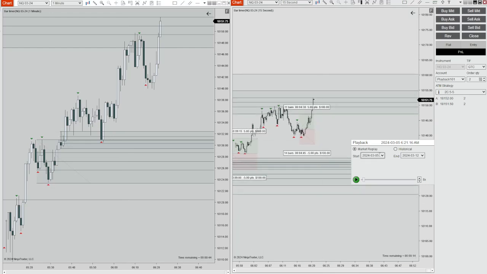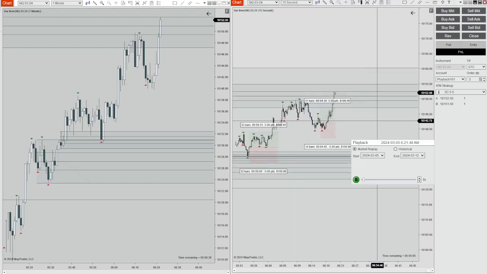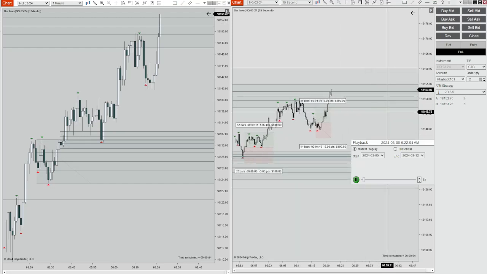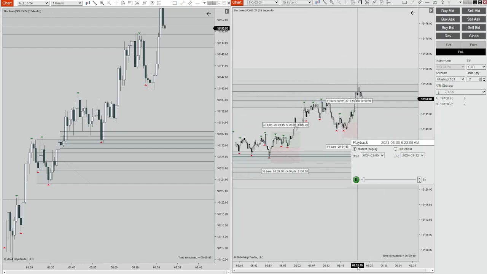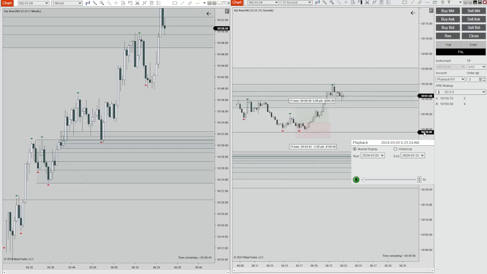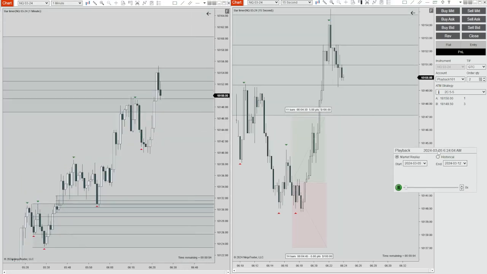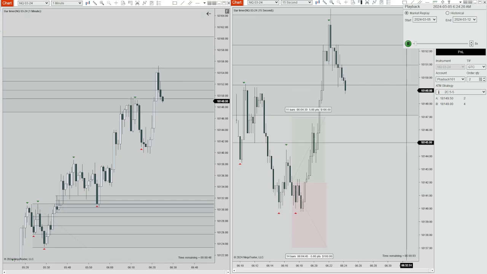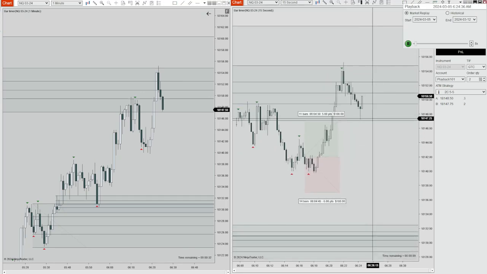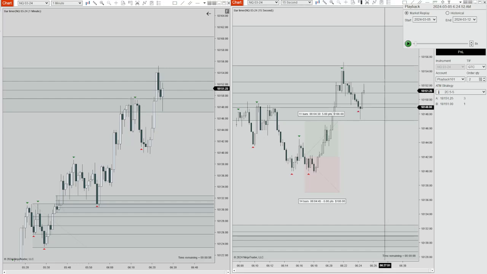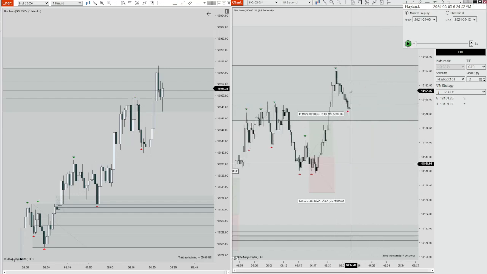All right, so let's see. I wish NinjaTrader had that long and short tool. I don't like this as much as the TradingView one. Anyways, right, so possible golden chicken here, right?